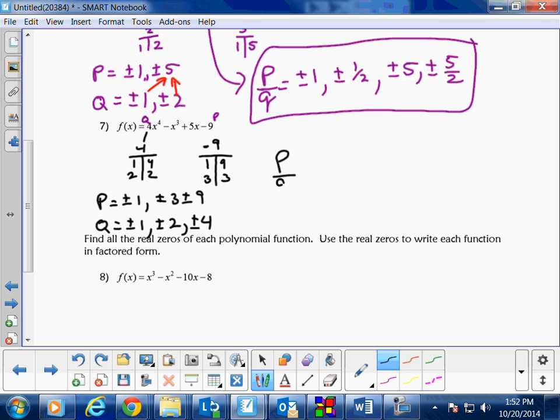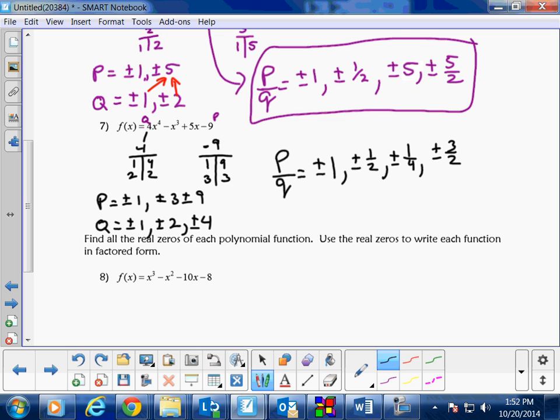Now, P divided by Q, we're going to follow the same sequence we did over there, as far as the sequence of dividing. Plus or minus 1, plus or minus 3, oh, I'm sorry, plus or minus 1/2. Hold on a second. Let's go ahead and correct that. It's going to be plus or minus 1/2, plus or minus 1/4, and then plus or minus 1/2 for the first one's already been done. That's a repeat.